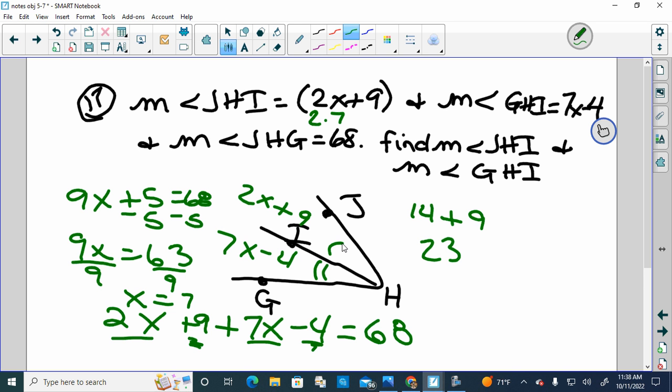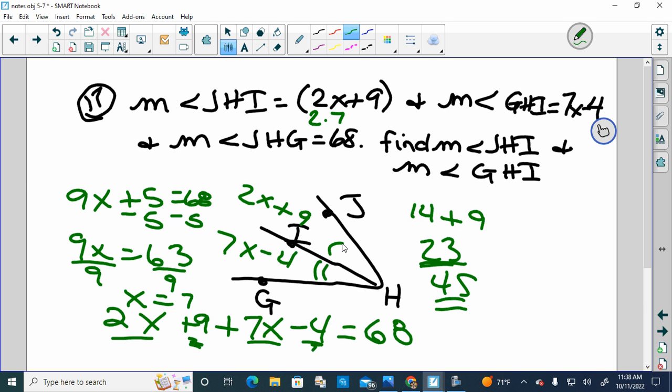I can plug into the other one, or I could subtract 23 from 68. Either one. So I'm going to plug in 7 here. 7 times 7 would be 49, and 49 minus 4 is 45. The two of them should add to equal what the total was, which was 68. So these are our two answers.